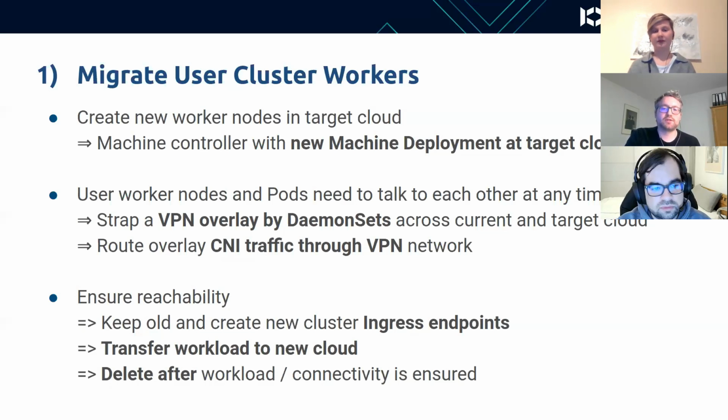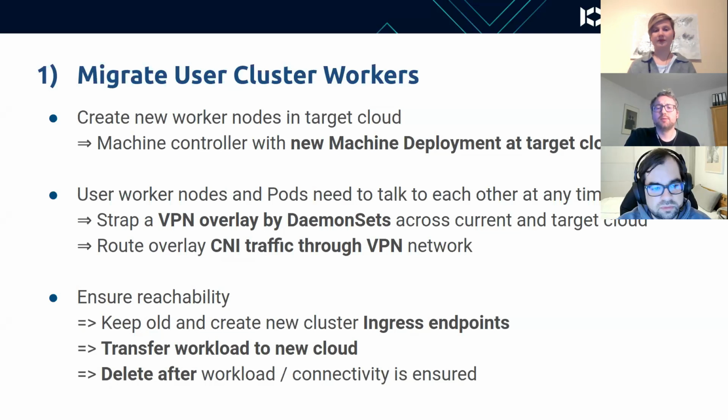Then we need to ensure that those new worker nodes and pods that might run on them can talk to each other across 2 cloud providers at that point. So we will stretch a VPN overlay across the whole cluster using a daemon set, and we'll route practically the whole overlay traffic, from the CNI plugin, through this VPN network.